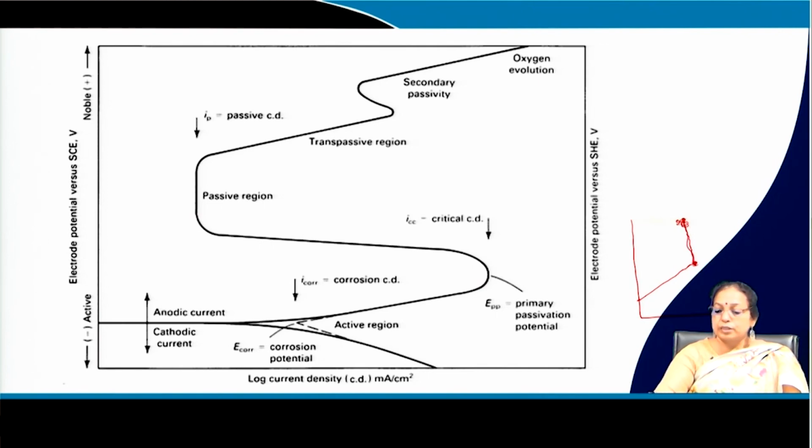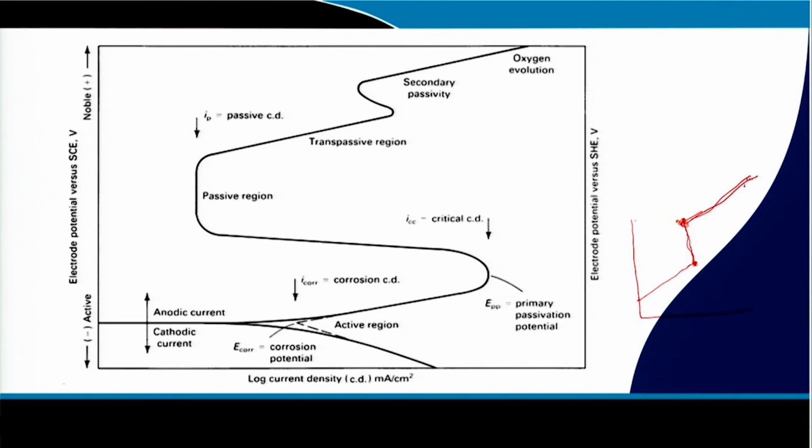Then again at a threshold potential you will find that there is pit initiation, and as a result the current density increases at a much rapid rate with a little change in voltage. On the other hand, if you do reverse polarization, it will follow this typical kind of curve. If pit propagation is really not there in that sample or component, the critical potential for pit propagation will be much nobler than the OCP or open circuit potential.